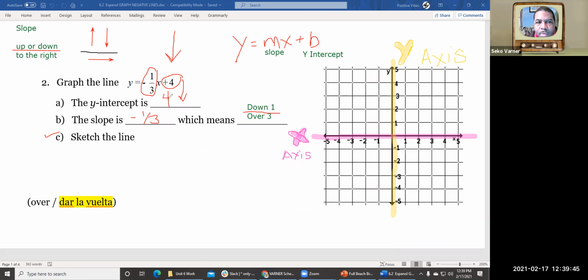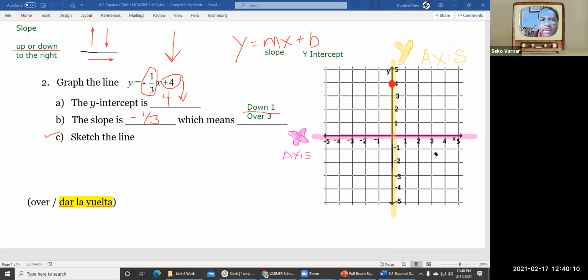All right. Y-intercept is +4. So in our point of origin, and the y-intercept is on the y-axis. So from our point of origin, go 1, 2, 3, 4. Okay, so that's where our y-intercept is, right there.